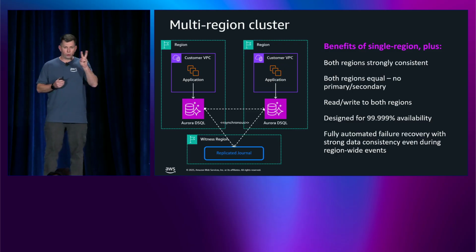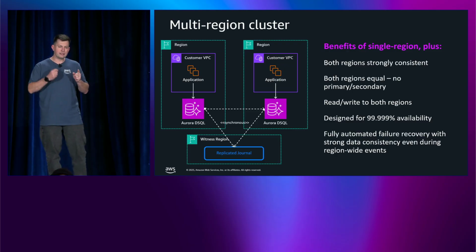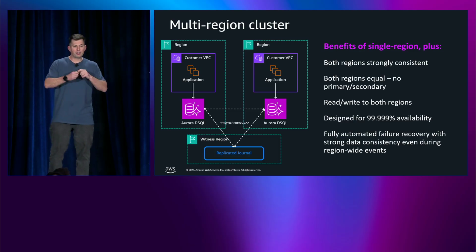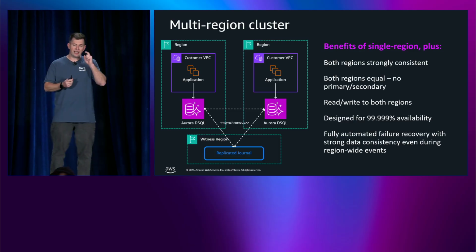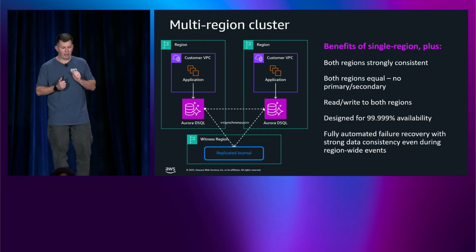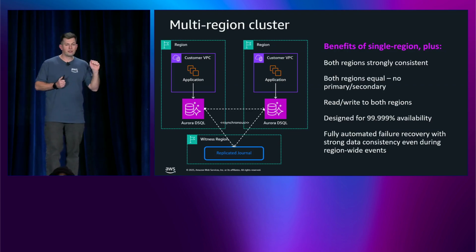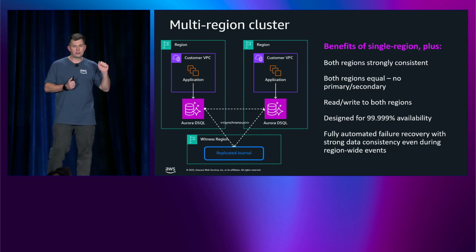It provides 2 regional endpoints. Both of these endpoints support concurrent reads and writes, and together they are represented as a single logical database. There is also a third region there, called the witness region.